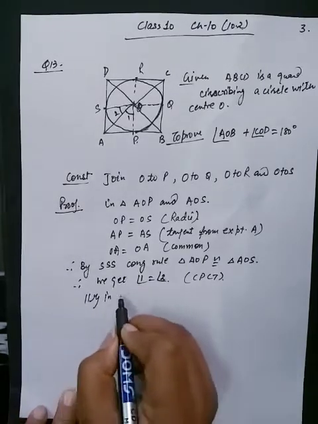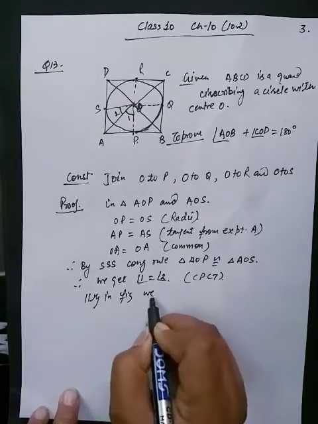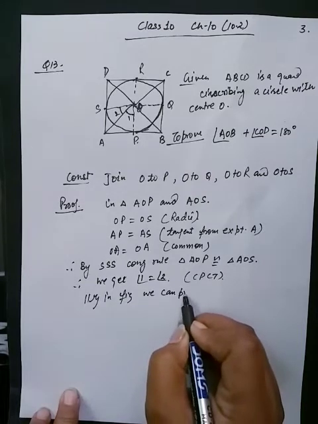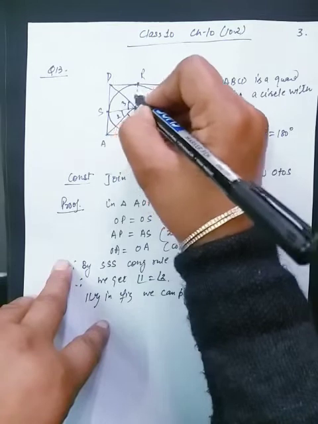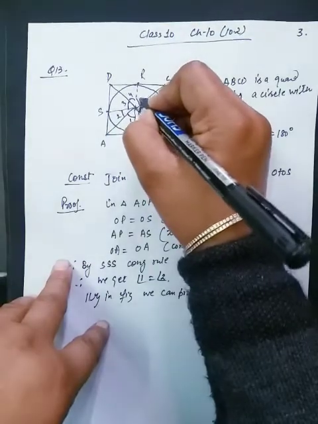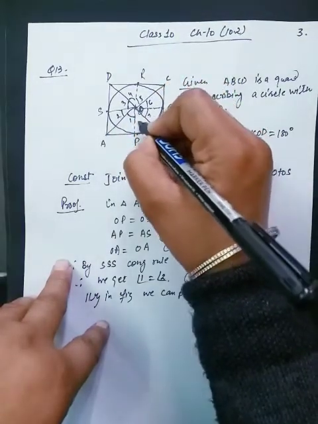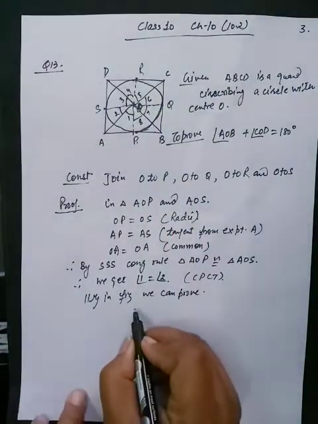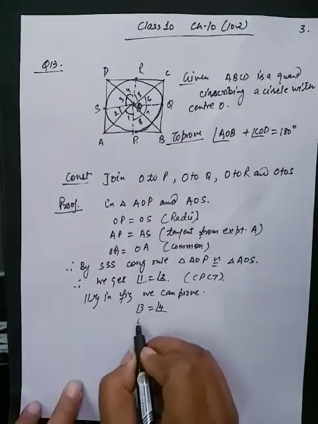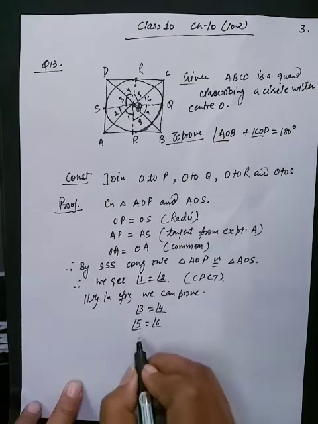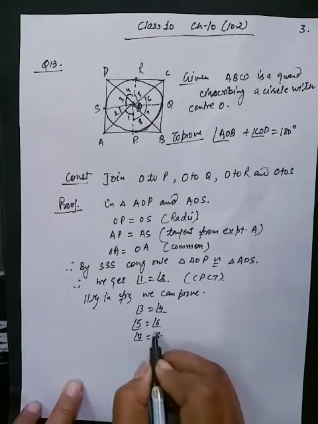Similarly, in figure, we can prove, let us assume that this is angle 3, 4, 5, 6, 7 and 8. Angle 3 we can prove equal to 4, and angle 5 is equal to angle 6 and angle 7 is equal to angle 8.